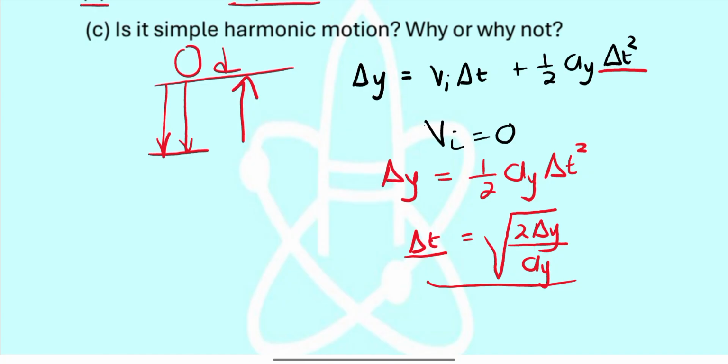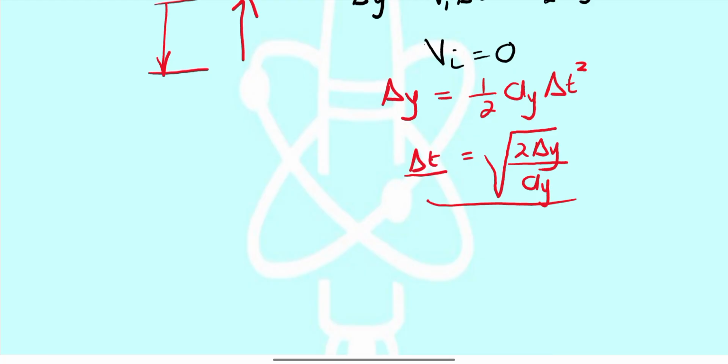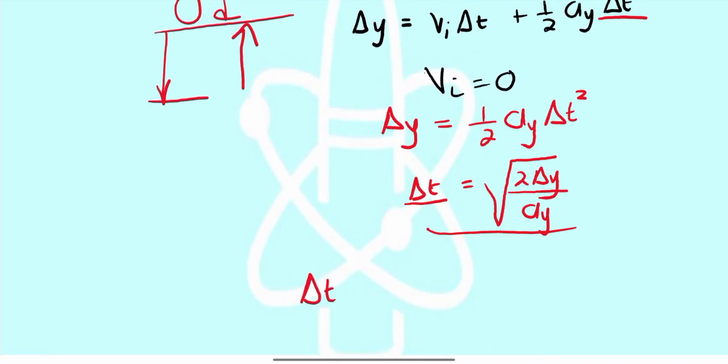Okay, so in order to get the time for the ball to go down and then go back up, we have to multiply the time by 2, because we know that it is going to take the same time to go up and then back down. Okay, so to get the period, we have to multiply this time by 2.